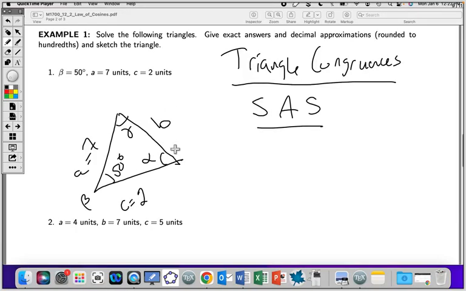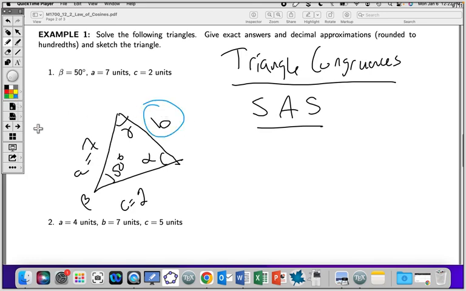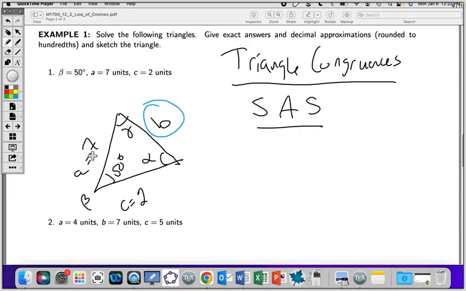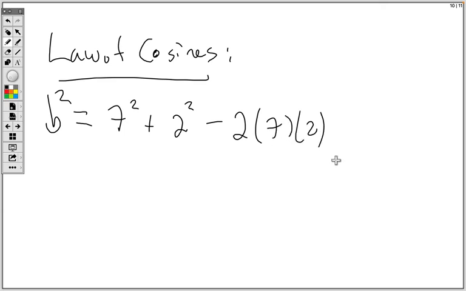All right, so I'm looking for side B. So B squared equals the sum of the squares of the other 2 sides. The other 2 sides are length 7 and 2. So it'd be 7 squared plus 2 squared minus 2 times the product of the lengths of those 2 sides times the cosine of the included angle, 50 degrees.